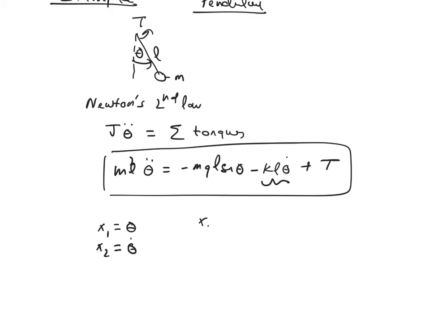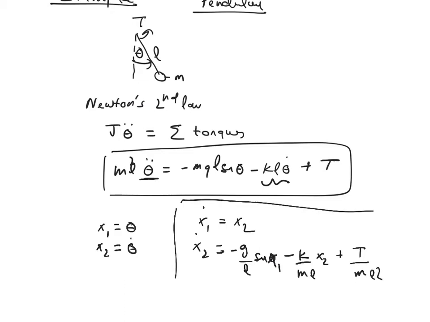So you have x1 dot equals x2, and x2 dot equals theta double dot, which equals minus g by L sine x1 minus k by m x2 plus T over ml squared. So these are your equations of motion.